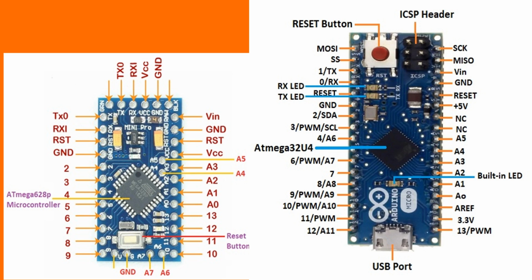Then we have the analog pins, labeled A0, A1, A2, and so on. These are connected to the board's ADC, analog to digital converter.